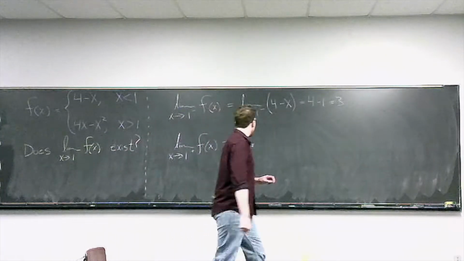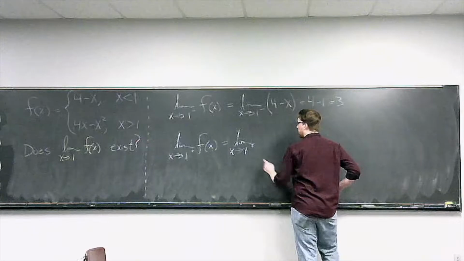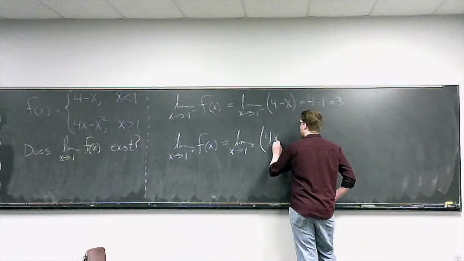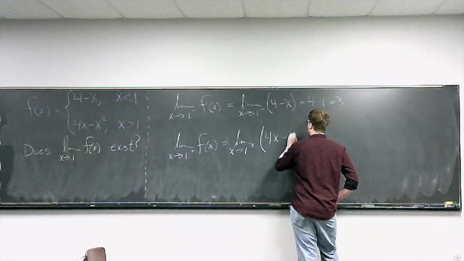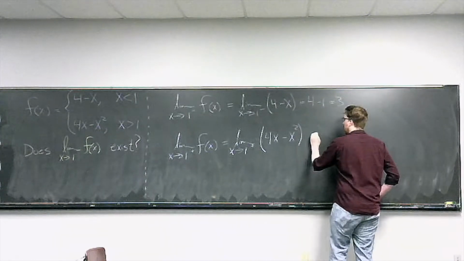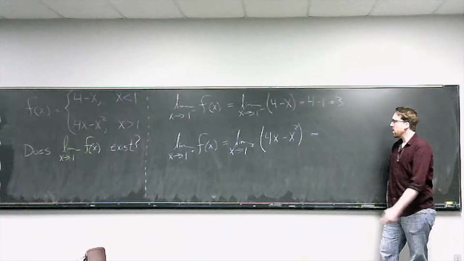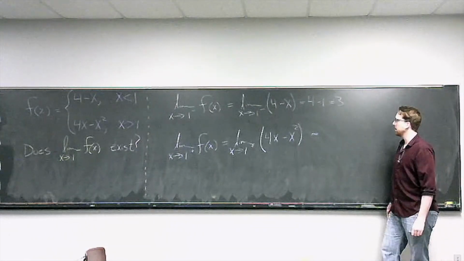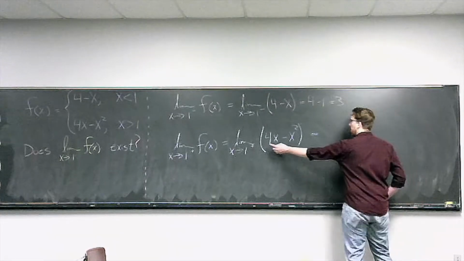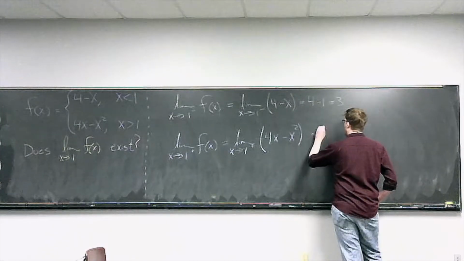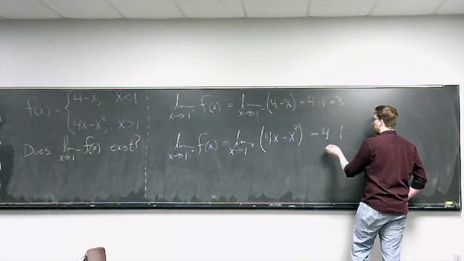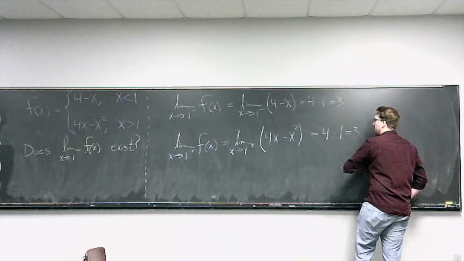So this is like saying the limit as x approaches 1 from the right of 4x minus x squared. Well, again, this is just a polynomial, so we can just plug in 1. And when we do that, we get 4 times 1, or just 4, minus 1 squared, which is just 1, and it comes out to be 3.